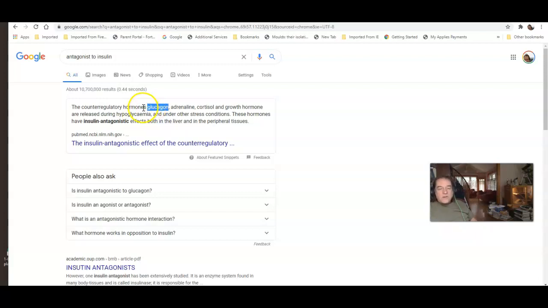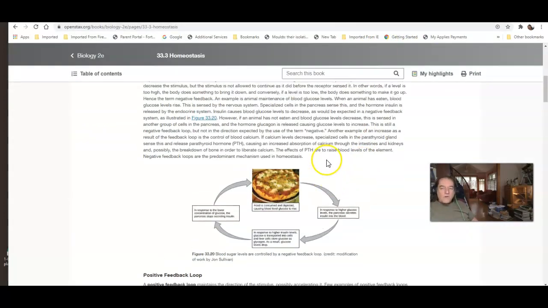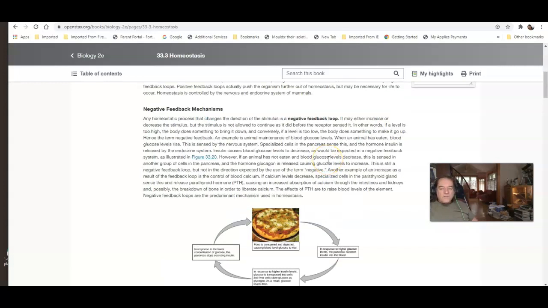So there's actually two hormones regulating blood sugar. One keeps blood sugar from getting too high, that's insulin, and one keeps blood sugar from getting too low, and that is glucagon. And collectively, they both work via negative feedback loops to ensure that blood sugar levels stay within a narrow band.